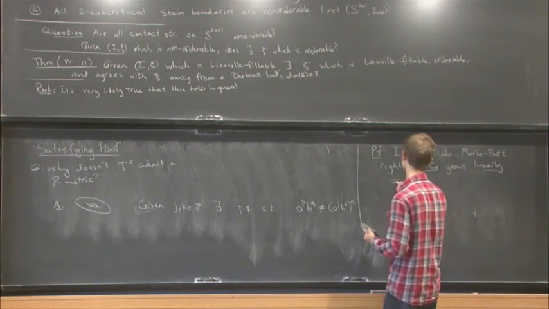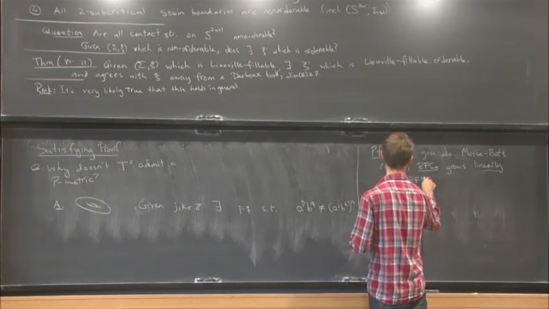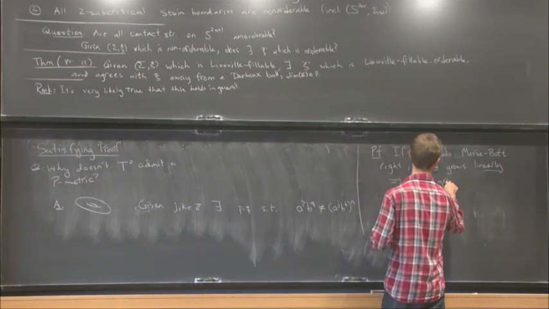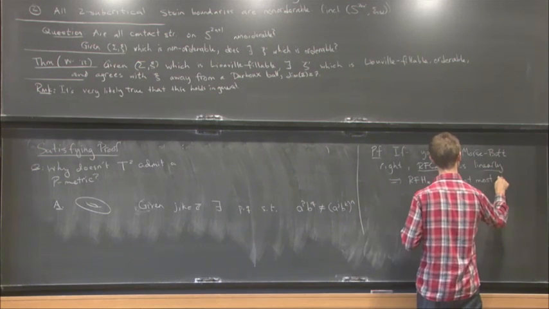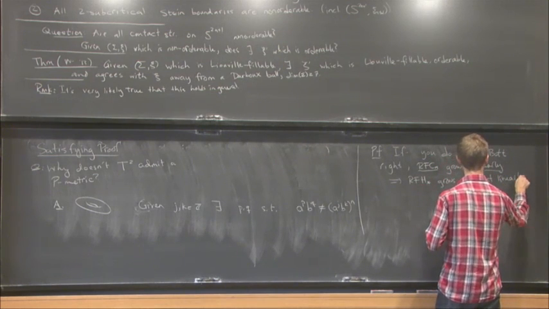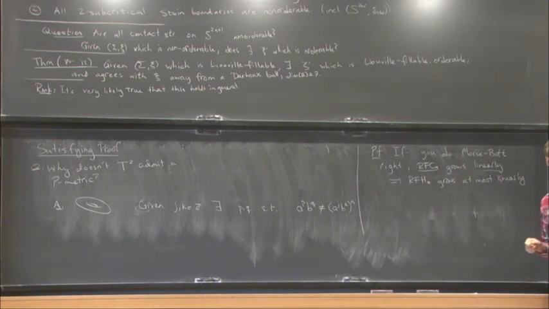So this means that RFH star grows at most linearly. This is assuming, of course, that you have a p-loop to start with. So the p-loop only contains information about its own closed orbits, and it can't give you more information than that.